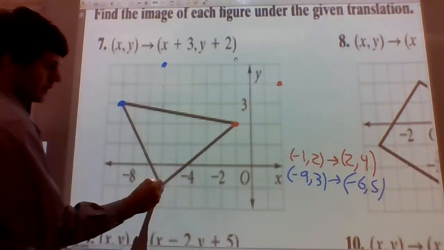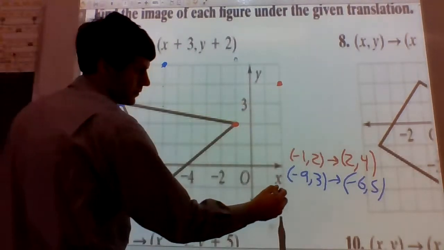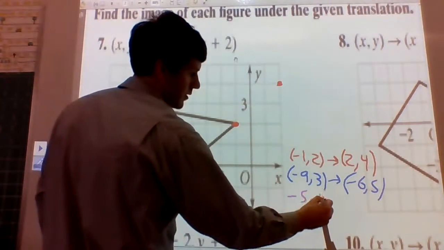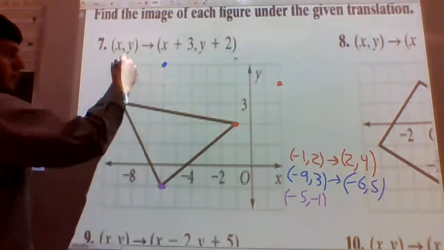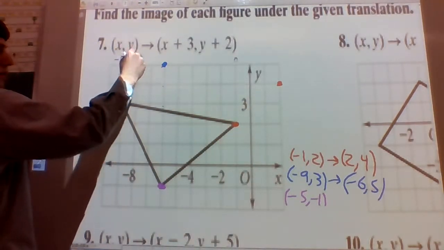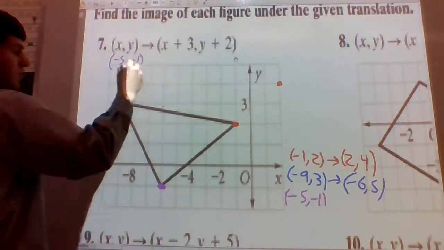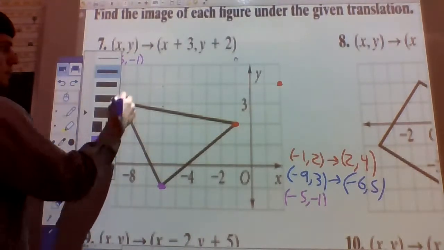Then our last point is going to be -5, -1. So we have -5, -1. Oops, we wanted that. That was important.